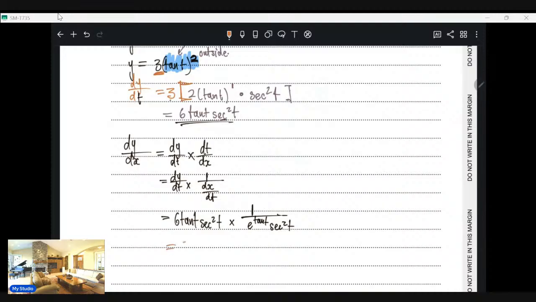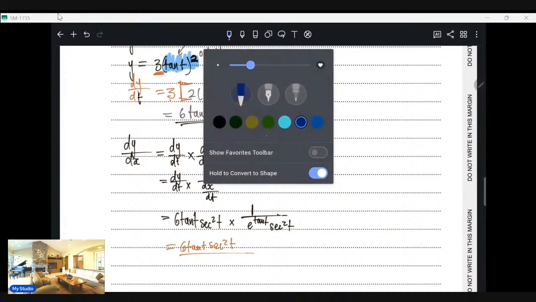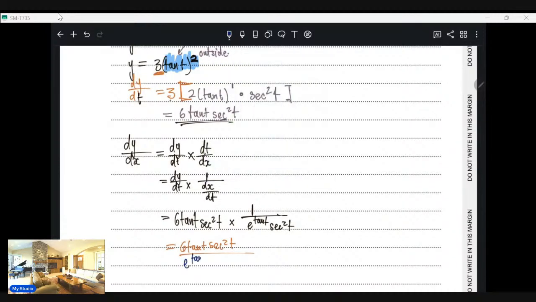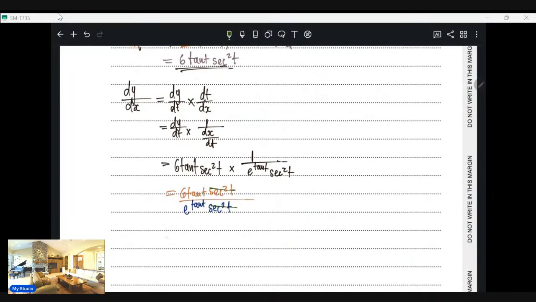So you end up having 6 tan t sec squared t, all divided by e to the tan t sec squared t, where the sec squared t terms cancel, and you remain with 6 tan t divided by e to the tan t. Are we together? You have your dy/dx by parametric means.